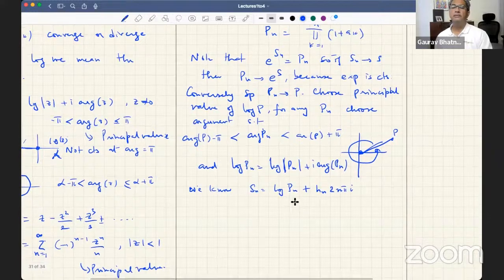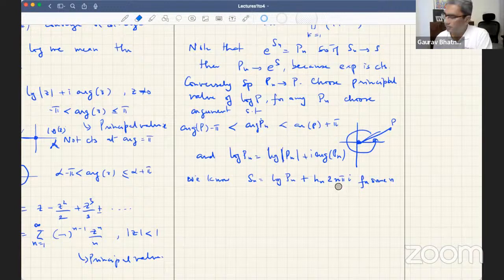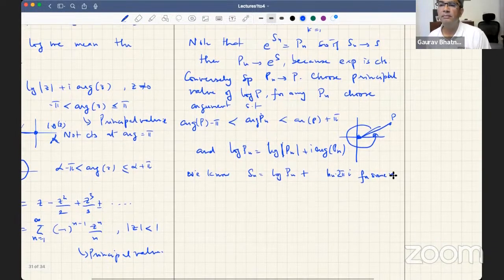So S_n equals log P_n plus h_n times 2 pi i, where h_n is some integer.